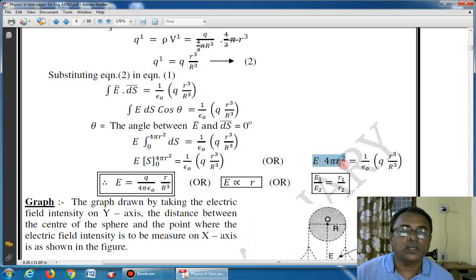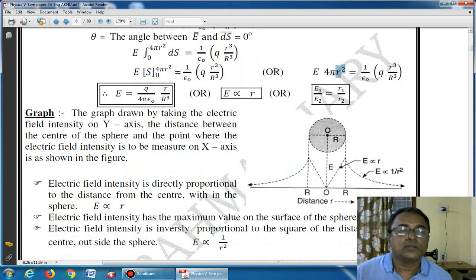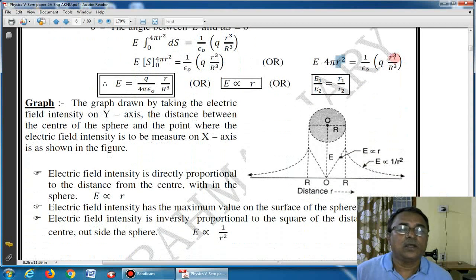So E into 4 pi r square is equal to 1 by epsilon naught into q into small r cube by capital R cube. Here on the left hand side we have r square, on the right hand side we have r cube, and r square gets cancelled, so only r remains on the right side instead of r cube.